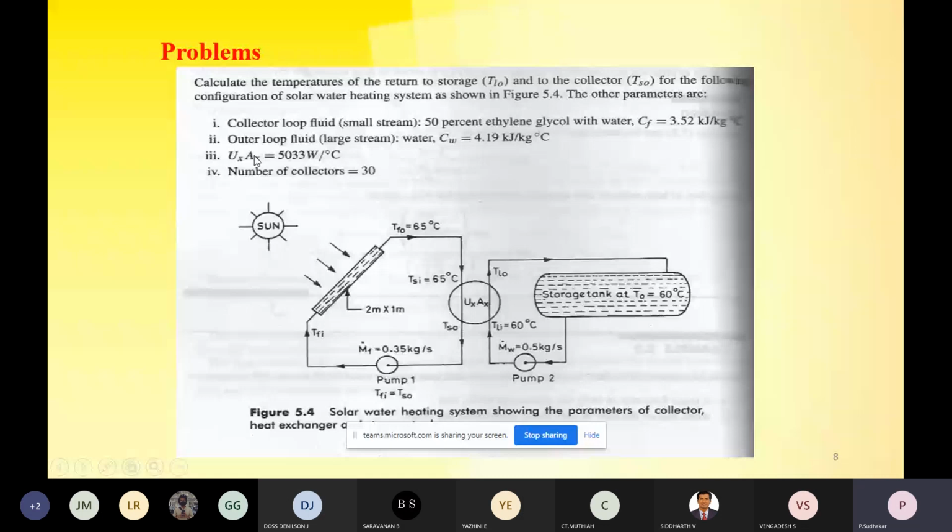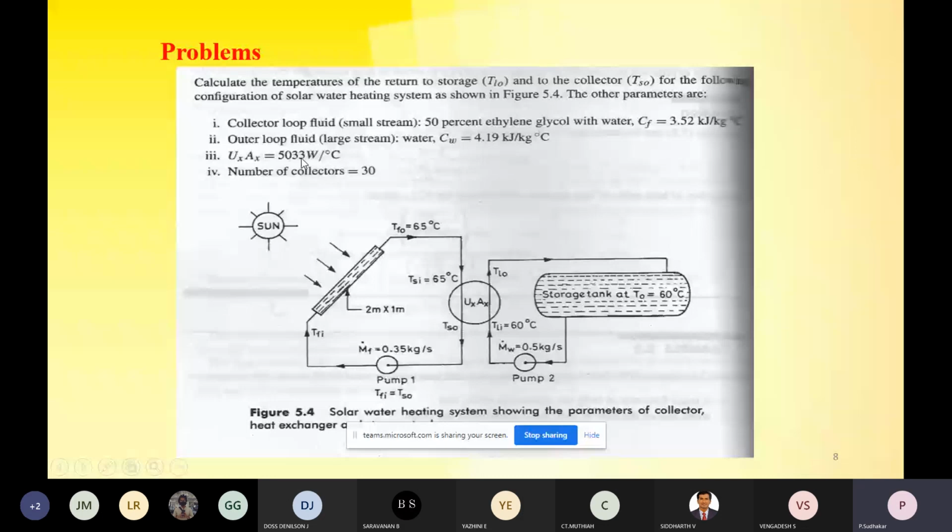Then the heat exchanger data. UX is the overall heat transfer coefficient and AX is the area. The product of the overall heat transfer coefficient and area is 5033 watt per degree centigrade.